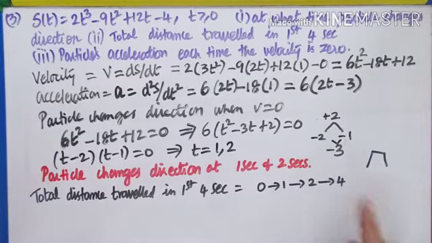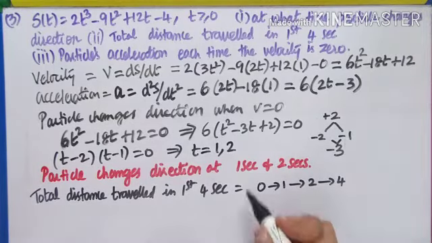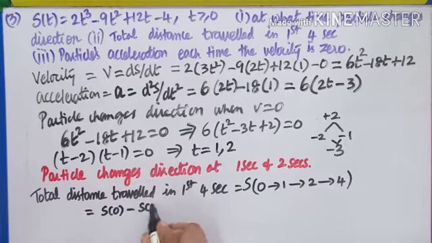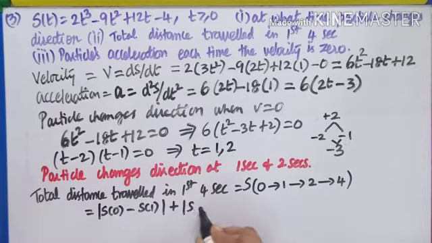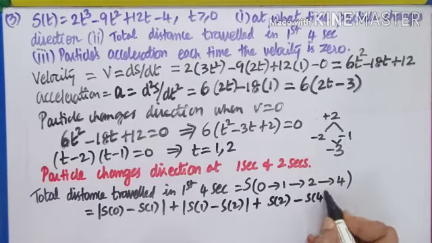As it is changing, we must substitute in the formula that way. So, S of, how will I write it? S of 0 minus S of 1, first distance, plus S of 1 minus S of 2, second distance, plus S of 2 minus S of 4.